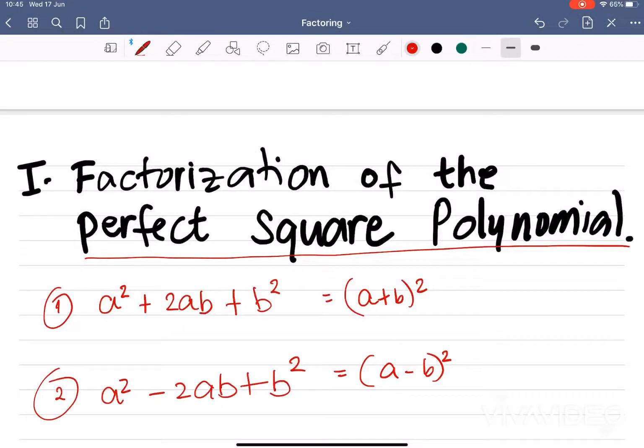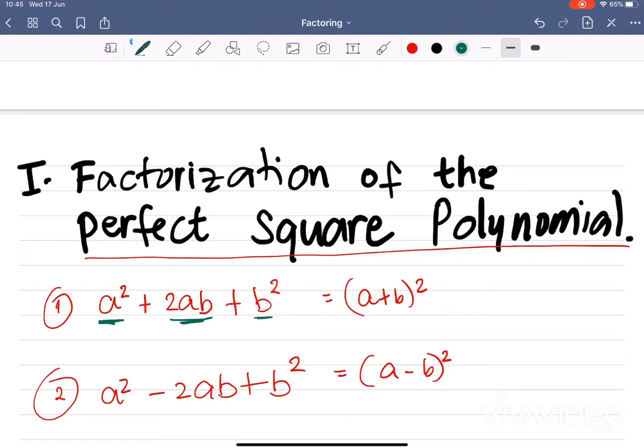We can say that it is a perfect square if, considering a three-term polynomial, this is considered the first term, the second term, and the third term.